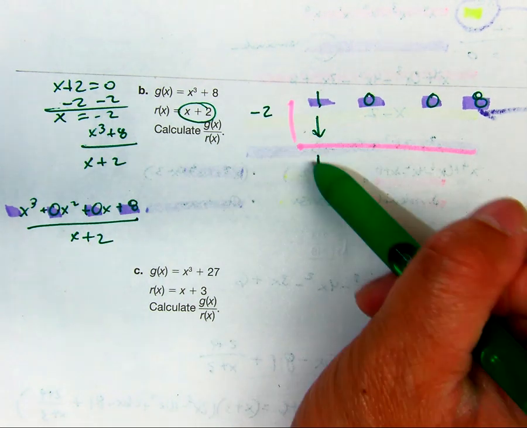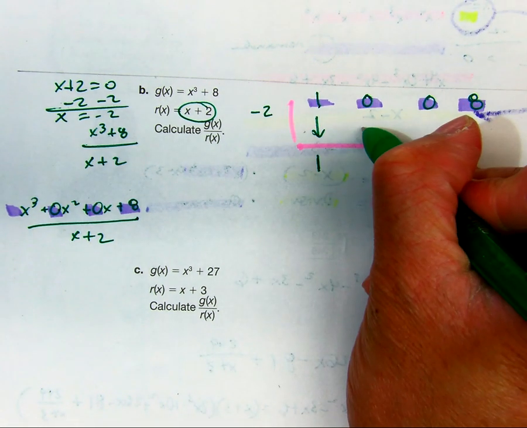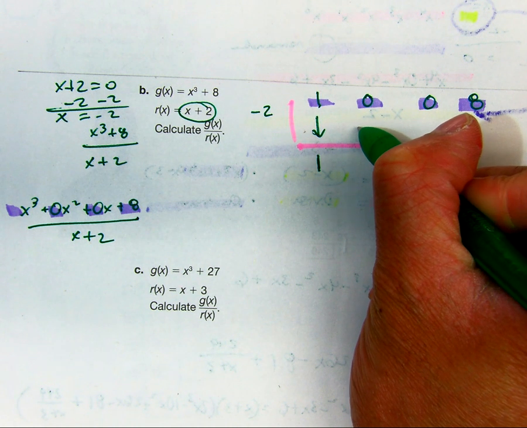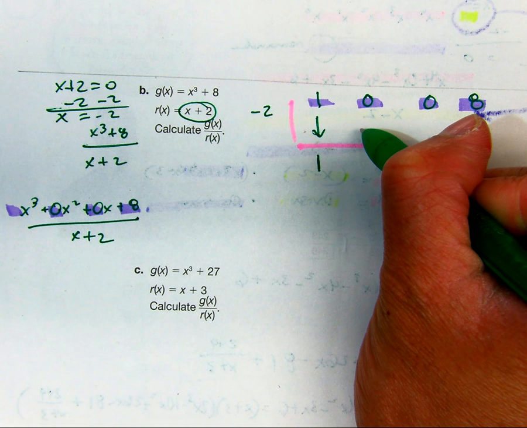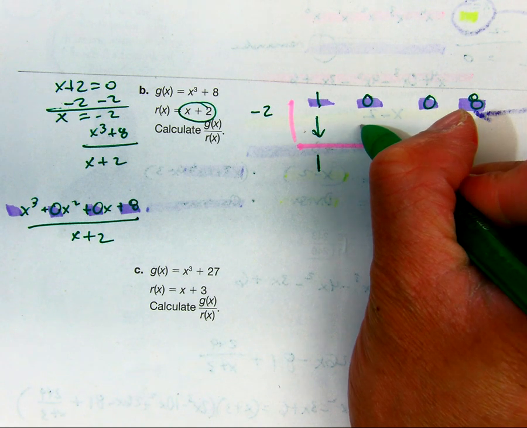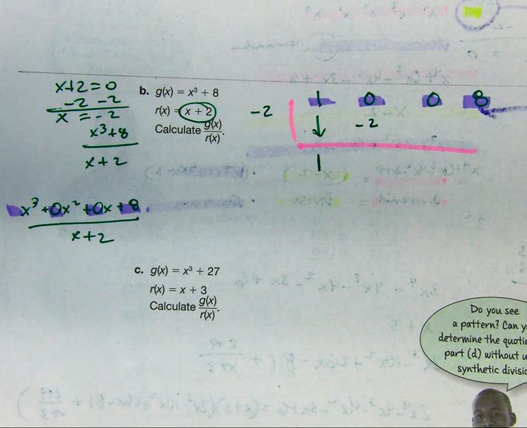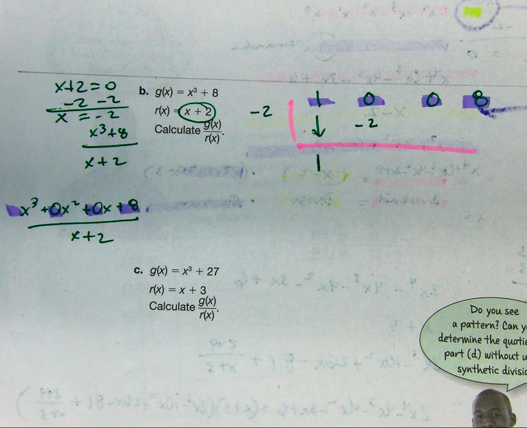Negative 2 times 1 is? Negative 2. Okay, what do we do next? Subtract. So 0 minus 2?